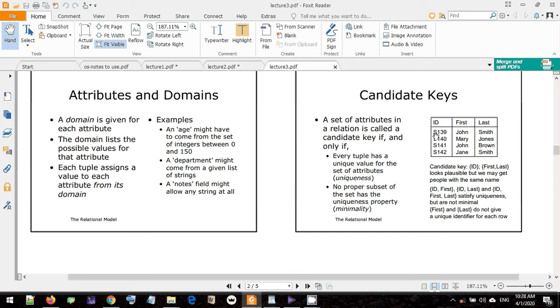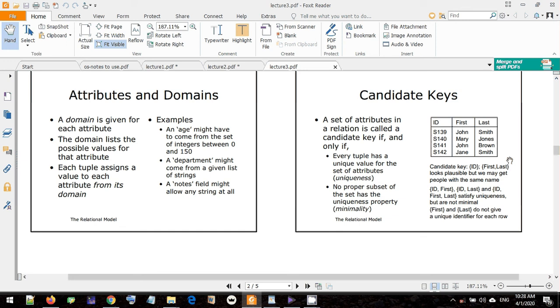Now let's look at this example. Take the relation on the right, which has the attributes or the schema id, first, last. Now the candidate key could be just the id. It works. The candidate key could be the first and last name. It looks plausible, but we might get people with the same name, so that is not a good candidate key.